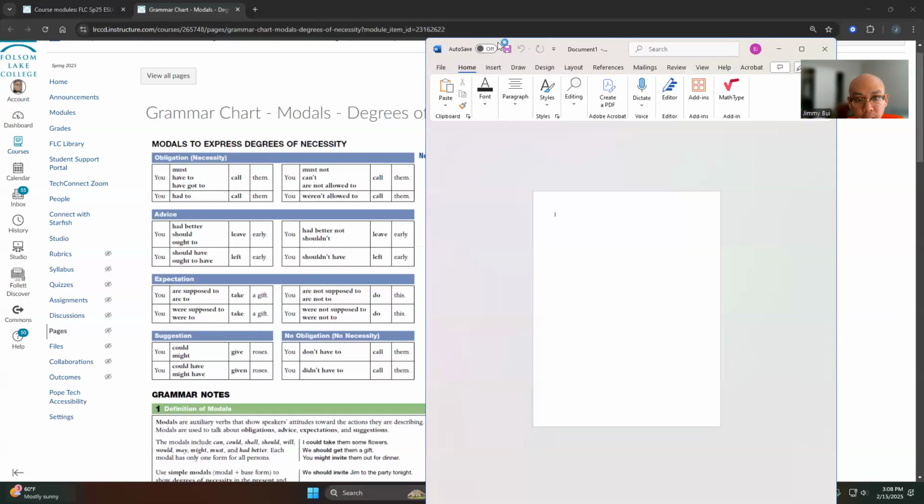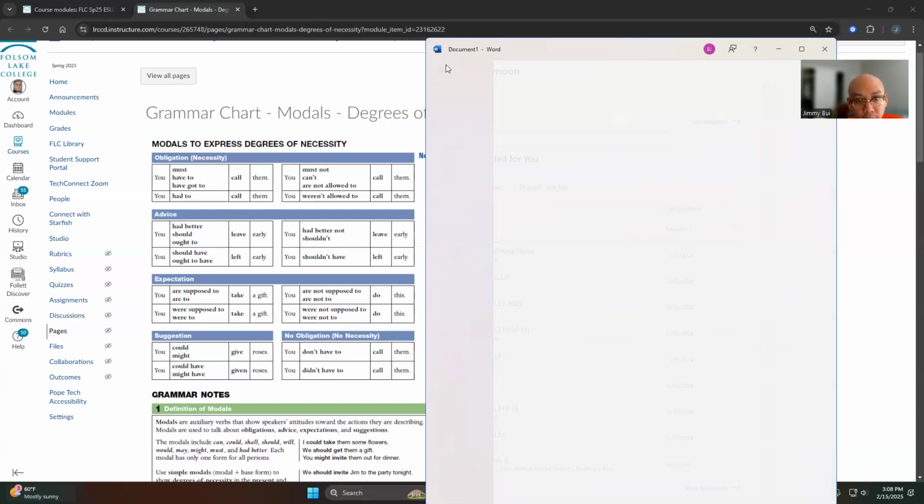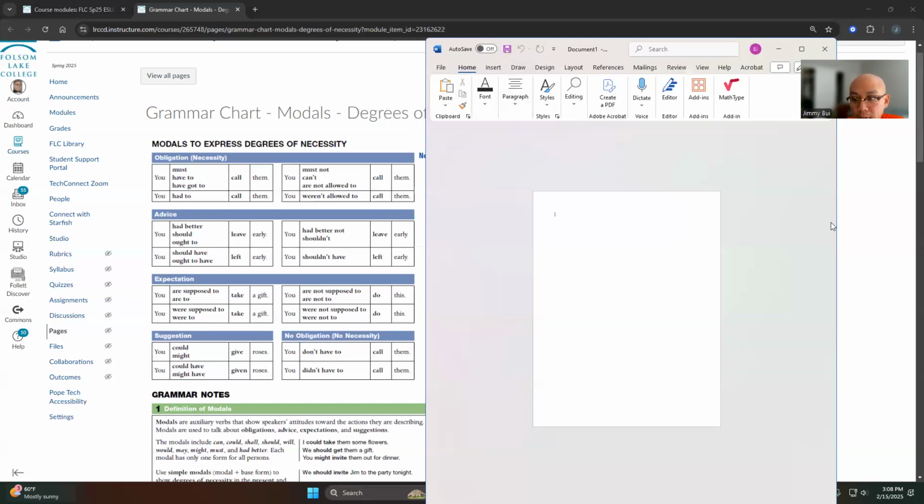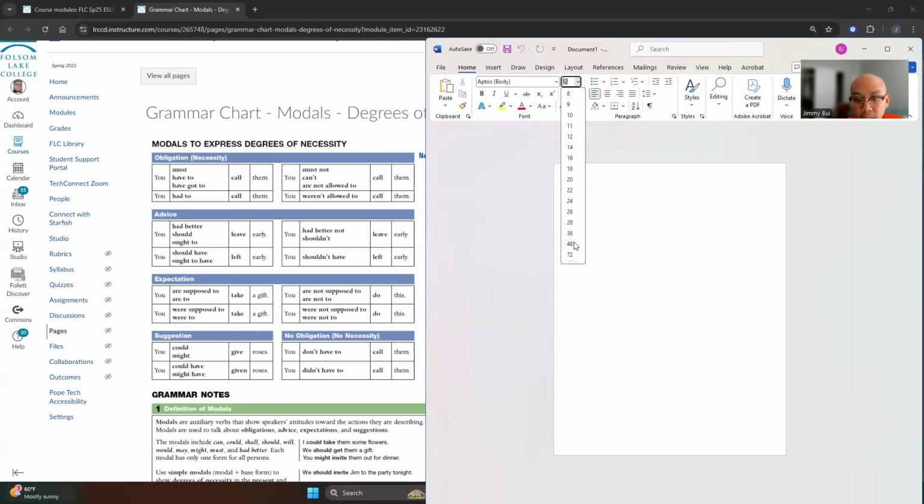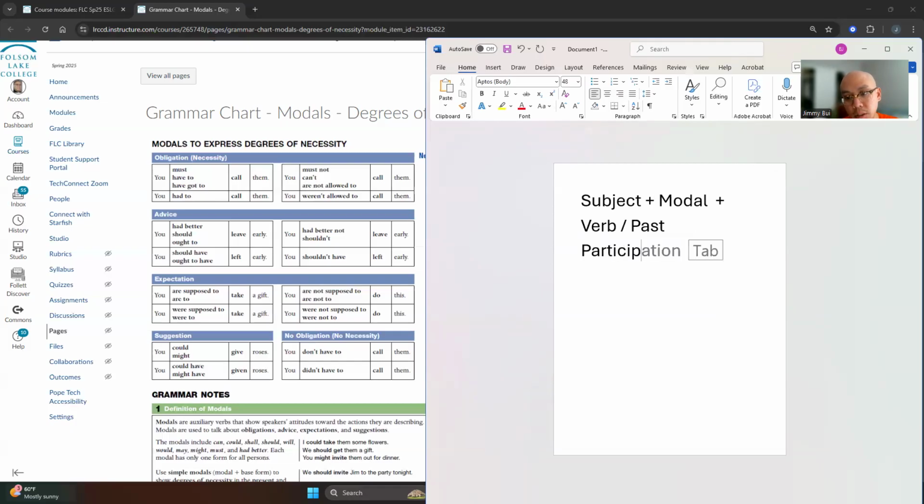So when we're using these modals, grammatically very easy, right? So you're going to use subject plus modal plus verb, or past participle, depending on which modal you use.